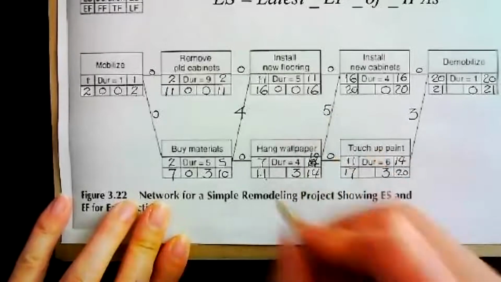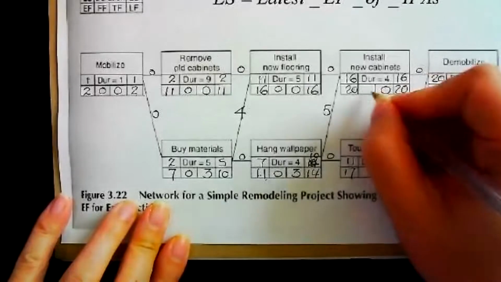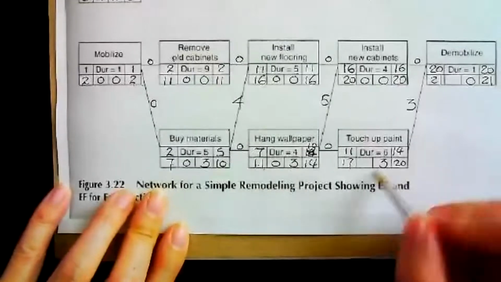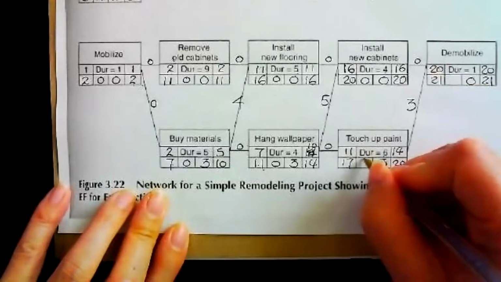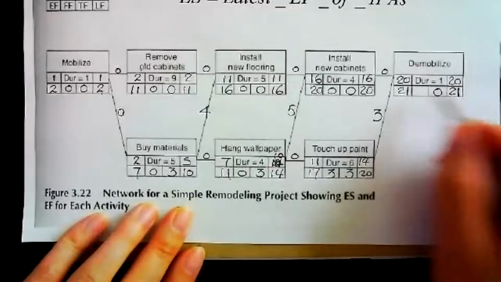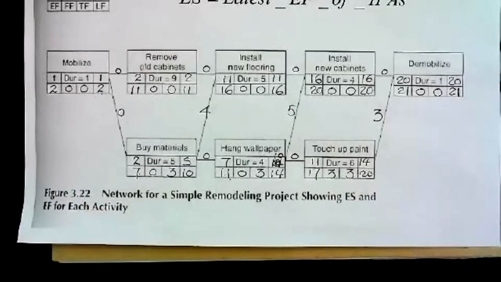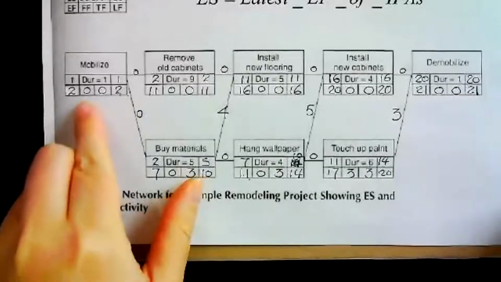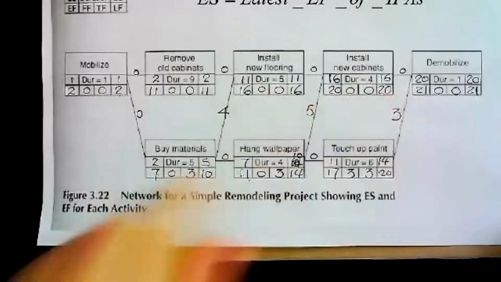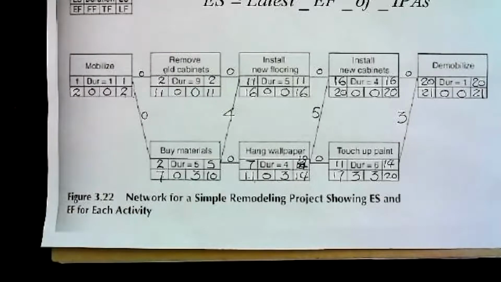Find the smaller, 0. This one has only 1, 0. This one has only 1, which is a 3. And over here, this guy has nothing. If there's nothing, 0. Now we have the free float and total float for every activity finished.